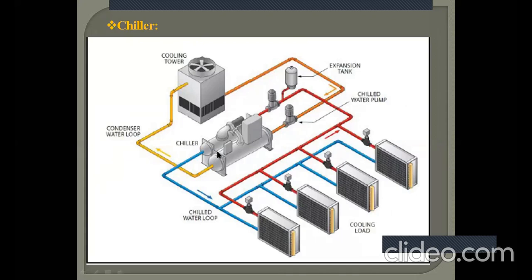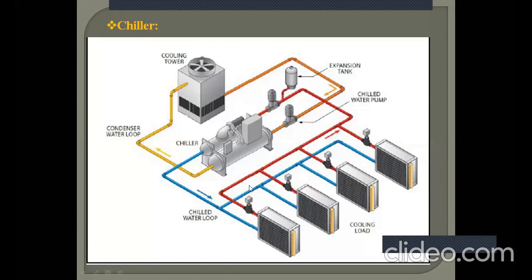Along with the chillers you can observe the cooling loads, which are nothing but fan coil units for air conditioning purposes, or for cold storages. These work as the evaporators.